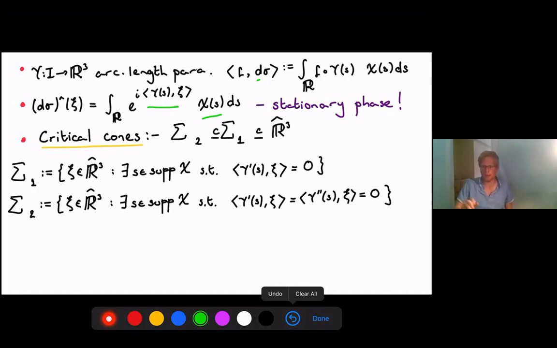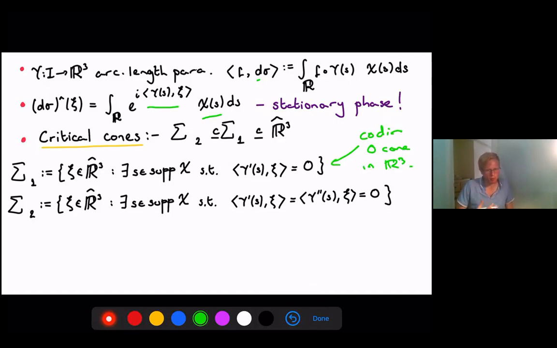So we have to home in on the values of ξ in R^3 for which the phase admits a critical point, and that I've denoted by Σ_1. So Σ_1 is all the points where there exists some point s in the support of the amplitude function for which the derivative of the phase is 0. This is a codimension 0 cone in R^3, so it fills out a positive proportion of the R^3 space. So localizing to this isn't a big deal.